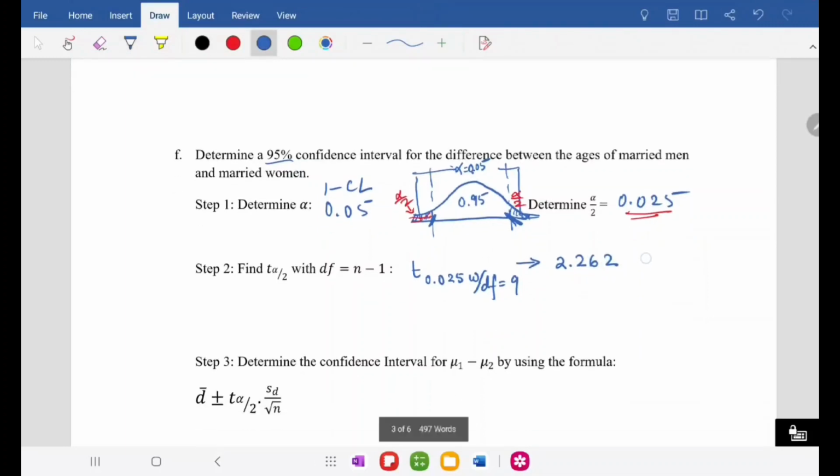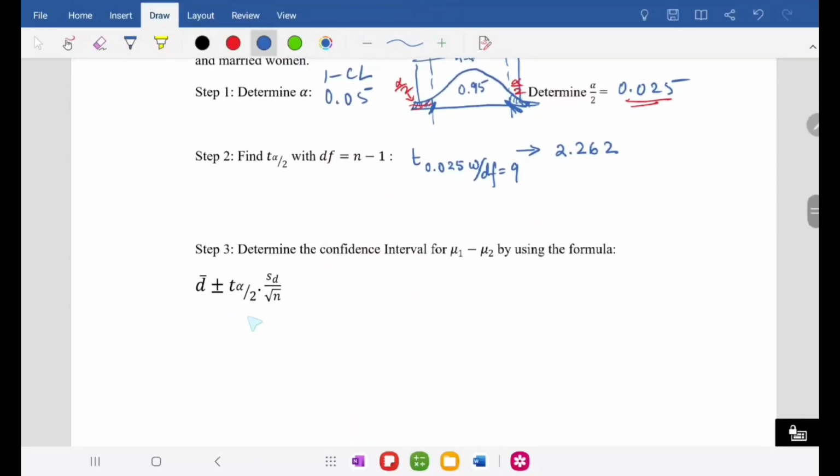Now that we have our T of alpha by 2, you just have to plug into the formula. This is the formula for the confidence interval. D bar was 3.6 plus or minus T of alpha by 2, which is 2.262, times the standard deviation. Again, just backtrack to see how we found our standard deviation. So S sub D is 4.971 divided by the square root of N, which is 10.